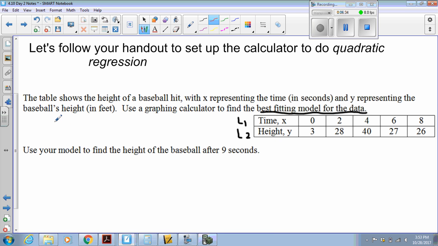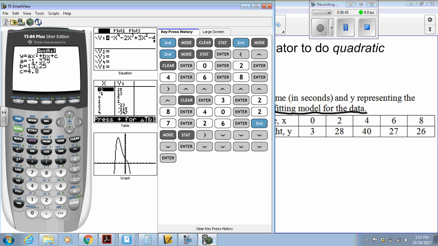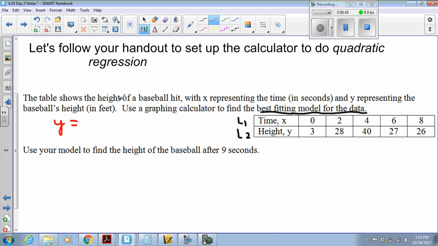So here for our beginning, we have y. Always make sure you have y equals, because we are writing a function. And remember that our a value was negative 1.375. So we're going to write that down. So we have negative 1.375. Now, make sure you have x squared, because we are writing this in standard form.